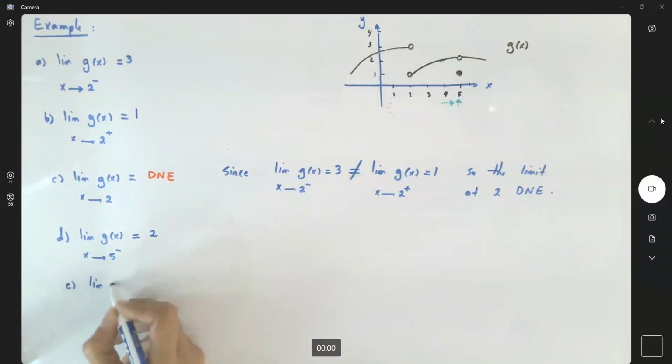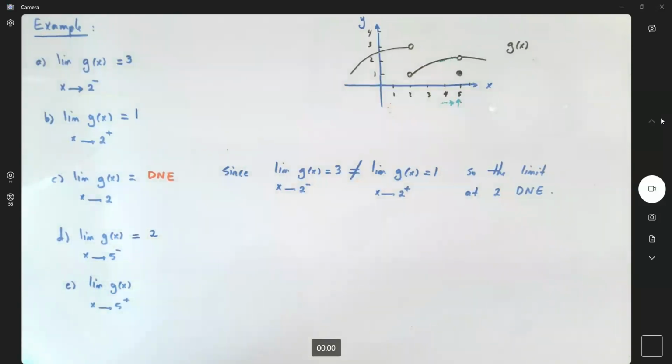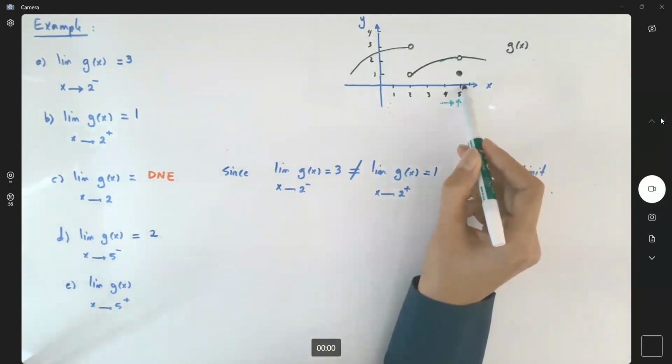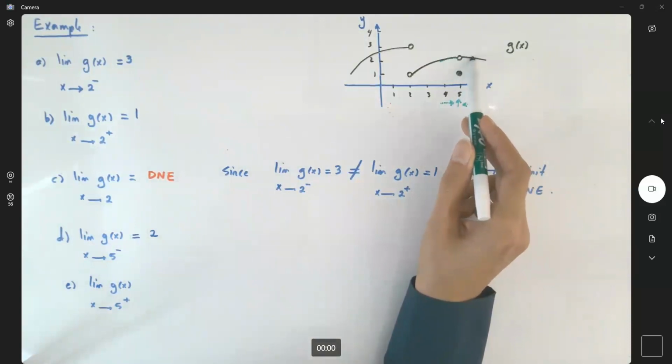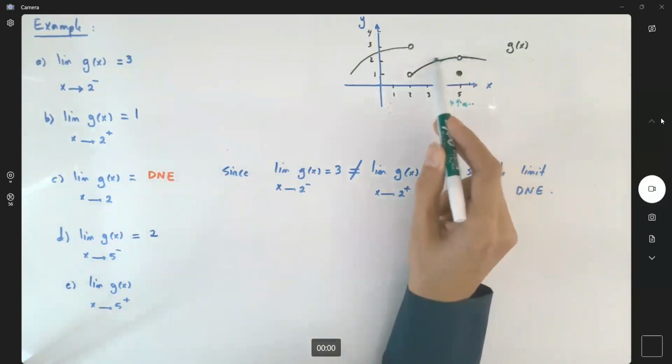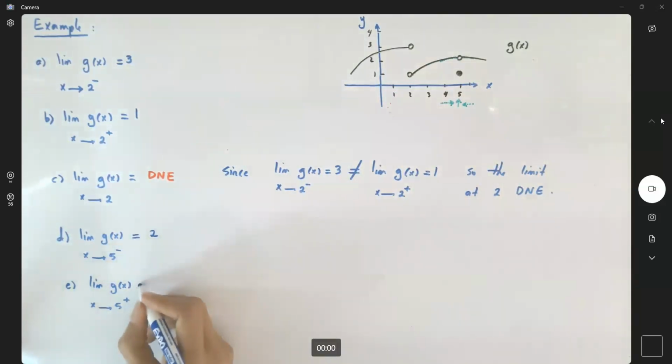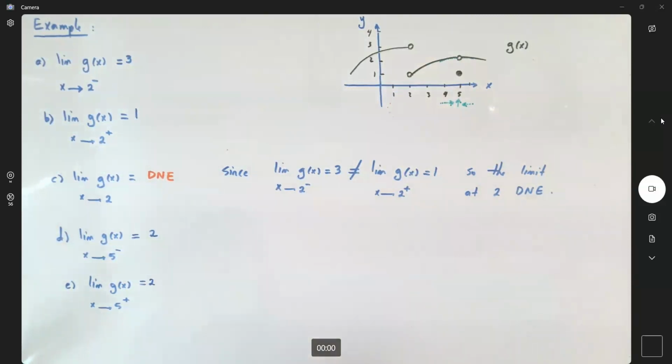What is the limit of the function as I go closer and closer to 5 from the right-hand side then? From the right-hand side, as I get closer and closer to 5, the y value on the graph is getting closer and closer to 2. Very good. So if I ask you, what is the limit of the function at 5? The answer is 2, because these two numbers are equal to each other.